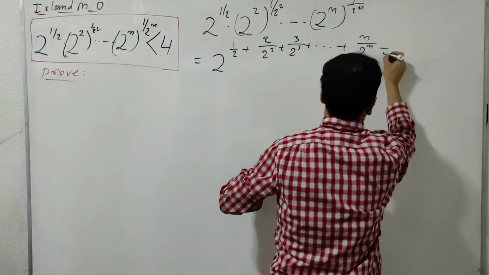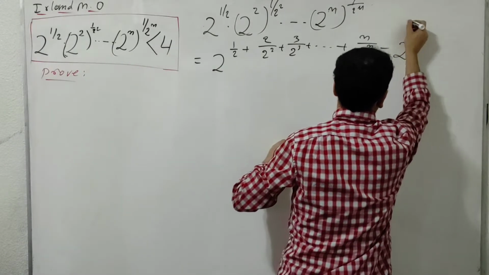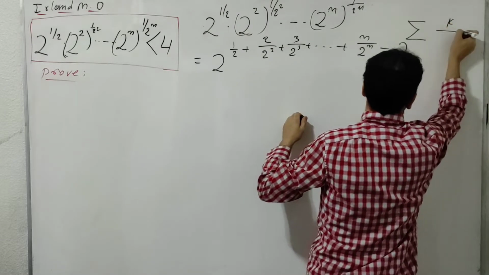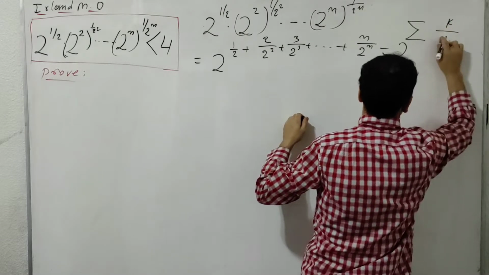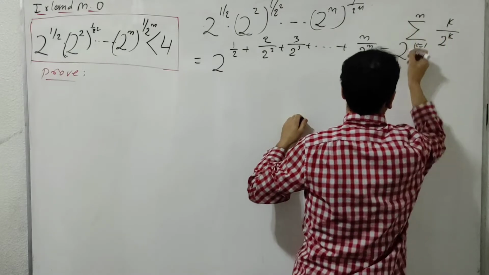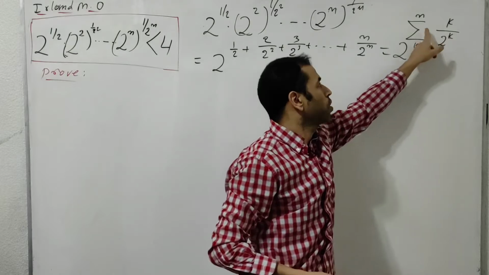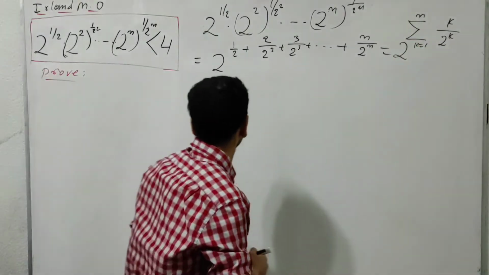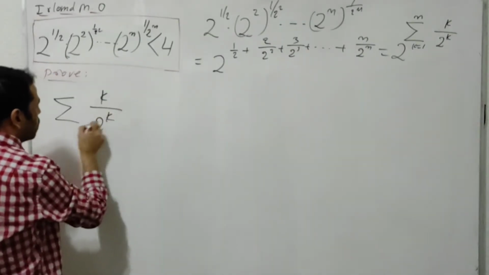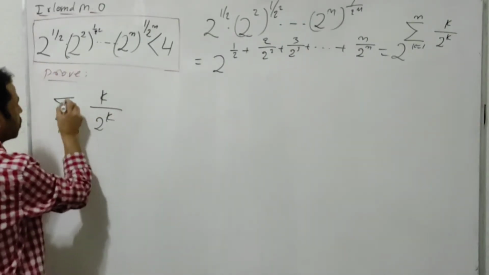This one is the same as the sum of k over 2^k, as k goes from 1 to n. I'm going to pull this out and work on it separately. So I have the sum of k over 2^k, as k goes from 1 to n.